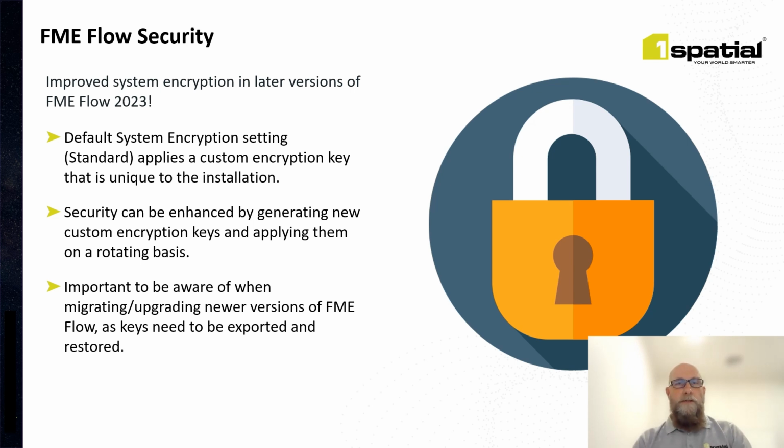Also, security can be enhanced by generating new custom encryption keys and applying them on a rotation basis. Importantly, be aware when migrating or upgrading to newer versions of FME Flow, as keys will need to be exported and restored.